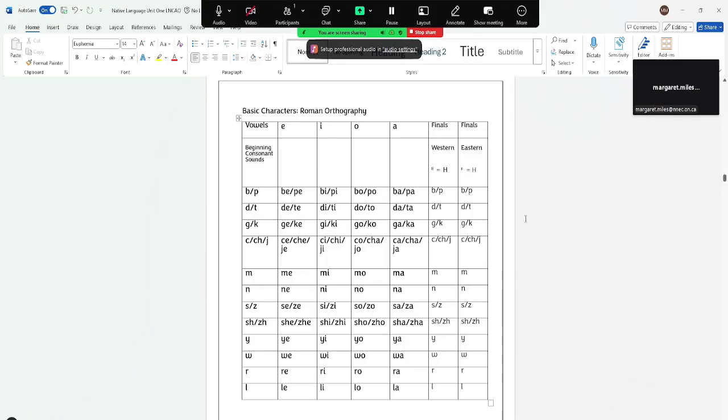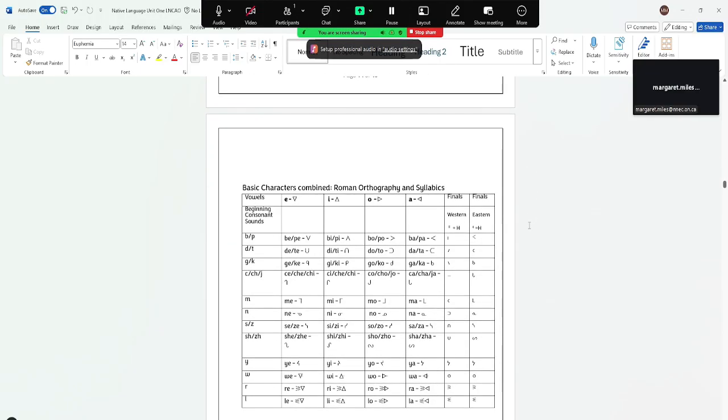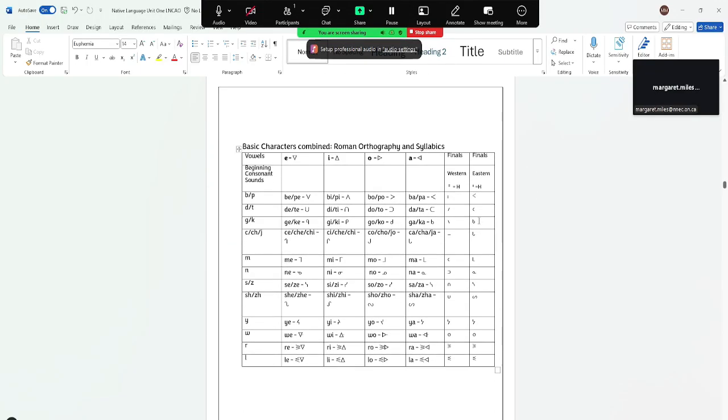So on the third example chart, basic characters is combined, so Roman and syllabics together. And this is how the chart looks. So if you look on the top where it says vowels, and in that column going across to the right is the letter E, and then written in syllabic.